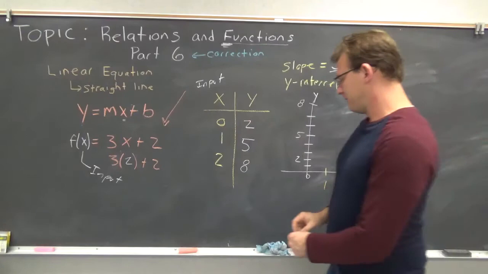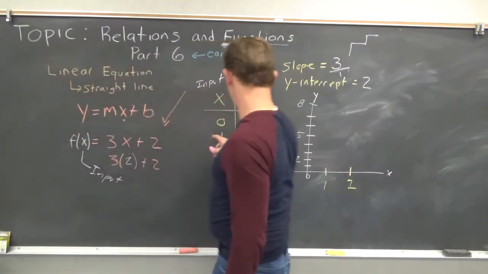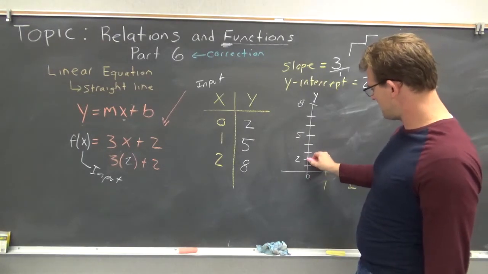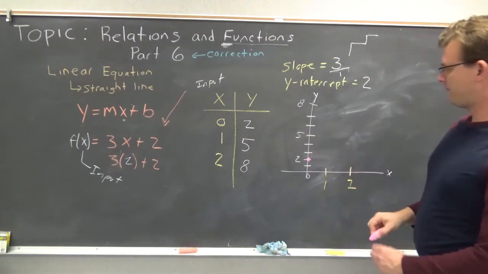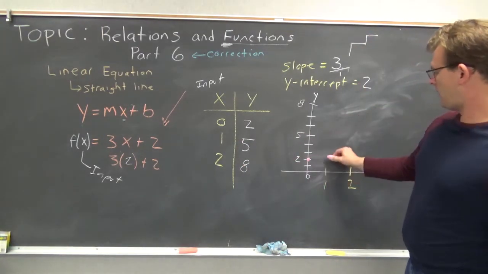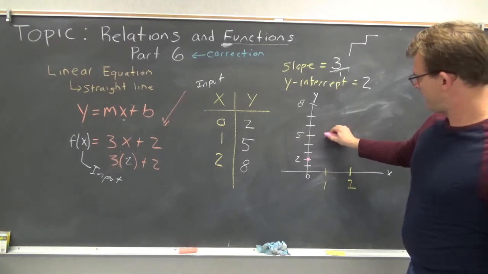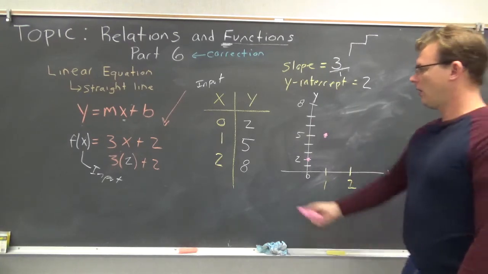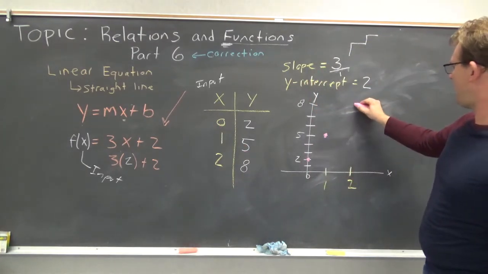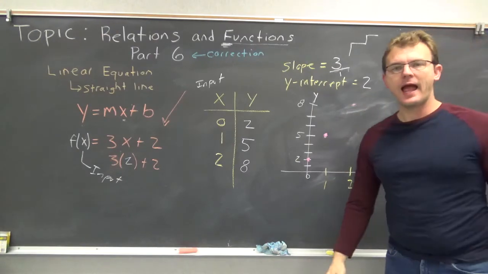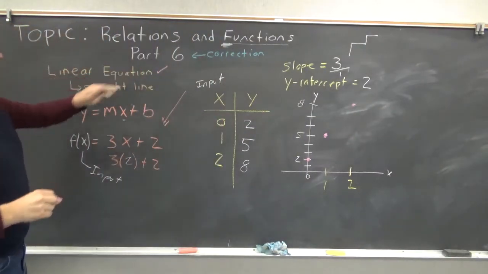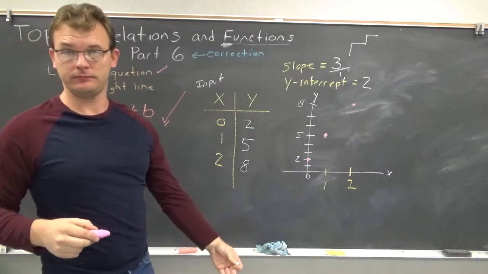So what happens at 0, 2? 0, up 2. Then 1, 5. And 2, 8. What's starting to happen? Well, you have what we call a linear equation, a straight line.